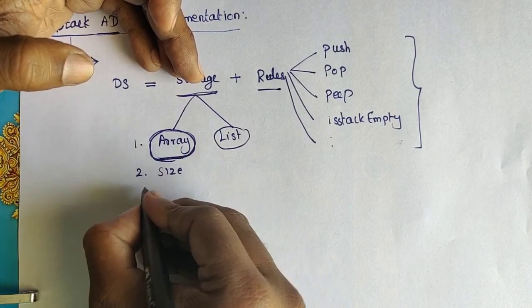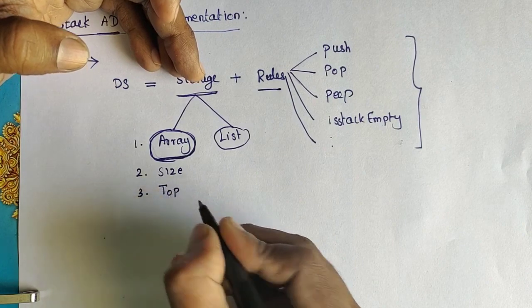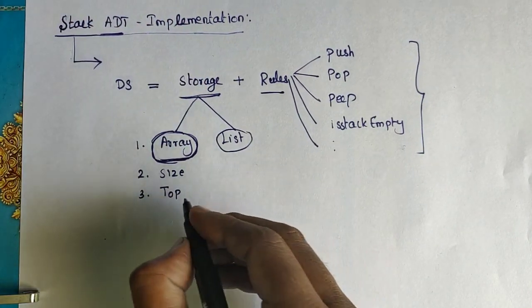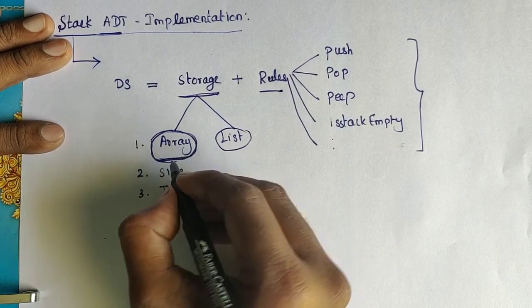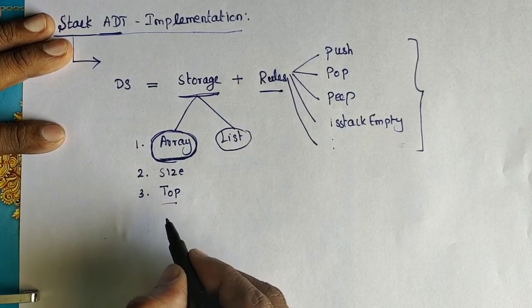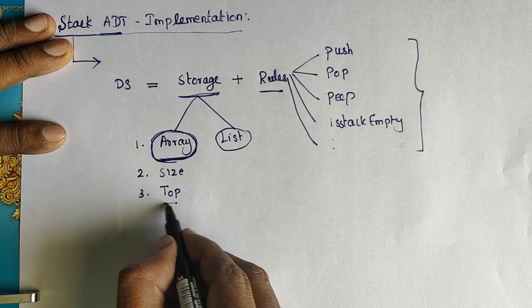In addition to that, I need one special property called top. The top property is the property of the stack when you are choosing an array as a data structure. The top is going to store or maintain the index of the recently inserted element.